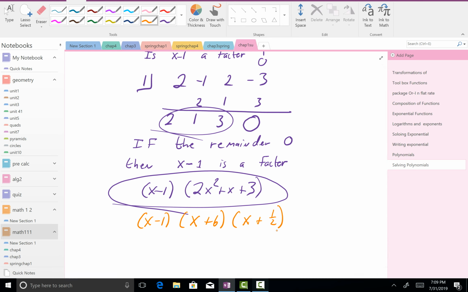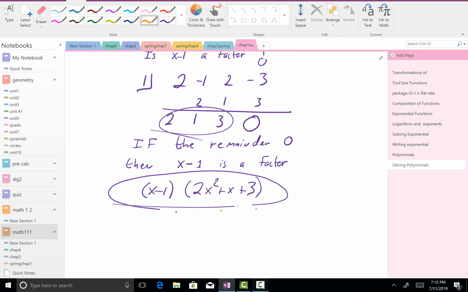The same factor? Maybe not. I think we changed it. Oh, yeah, we did change it, sorry. Anyway, that's what we got. Now, if this factors, we could break it down some more. I don't think it does, though, because I don't see any way to get it to work. So you just factor it.